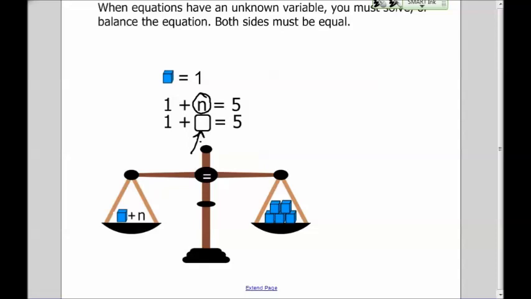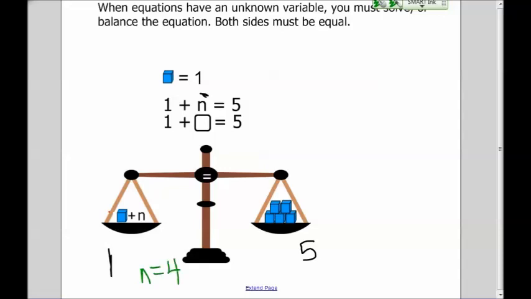I have 5 on this side, I have 1 on this side, and I'm going to have to add something to it to balance. If you have a picture of it, it's easy. And because the numbers are easy, you can say if I have 1 on one side and 5 on the other, the difference is 4, so n should equal 4.